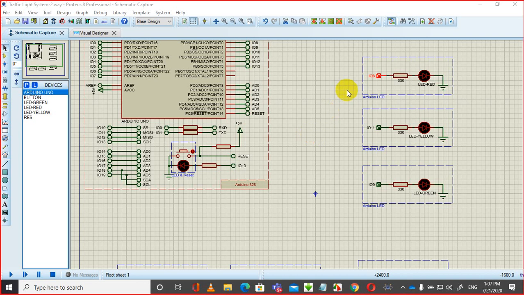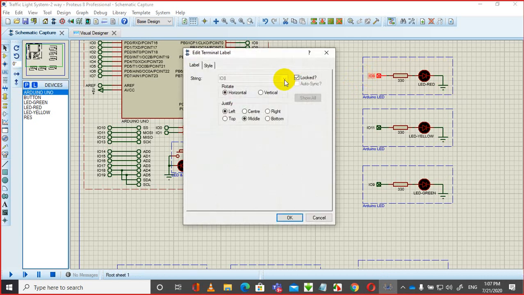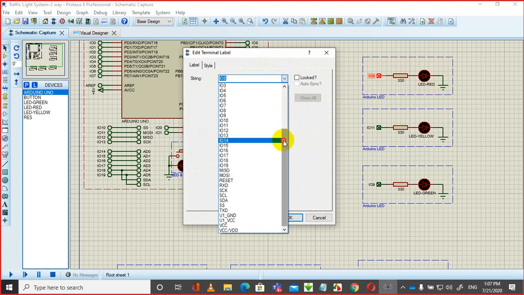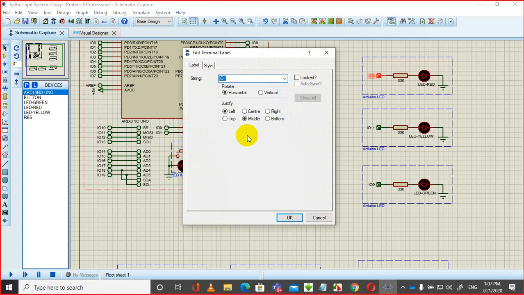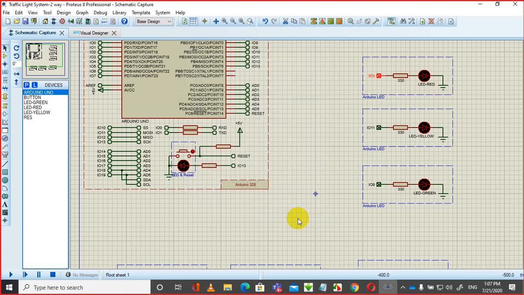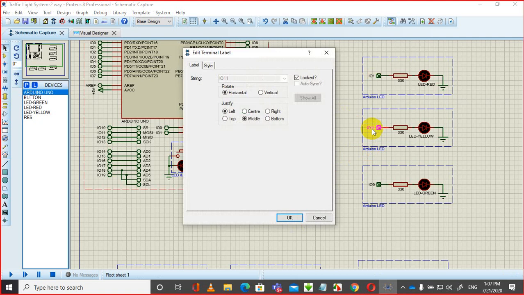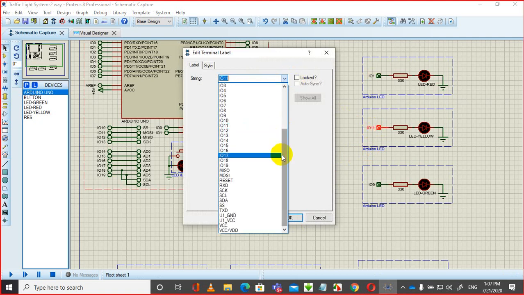Okay, so change the pin number of the first lane. Let's connect the red to pin number 1. Pin number 2 over here for the yellow of the first lane.